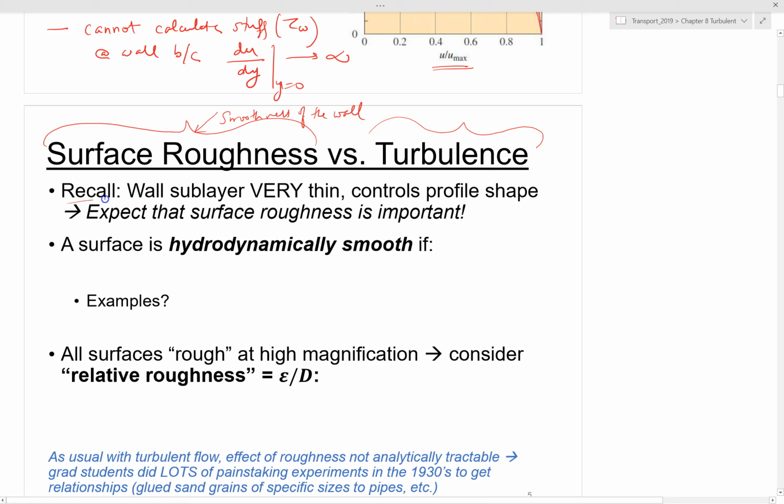So again, recalling, the wall sublayer is very thin and controls the profile shape, because the ridges disrupt that layer if the ridge size is similar, and we'll see that.